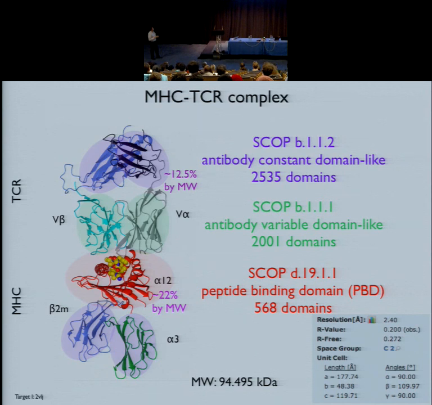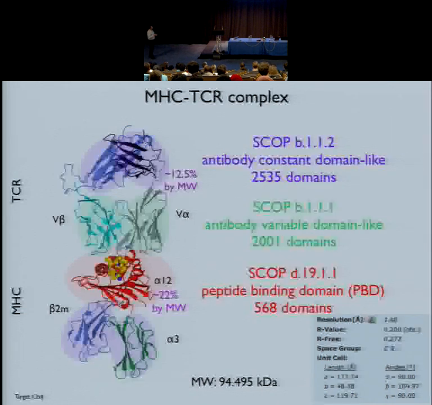When we've done this exercise, there are about 600 peptide binding domain candidates in the Protein Data Bank that could potentially be used to solve the structure, and close to 5,000 Ig domains with a range of sequence identity that could be used.